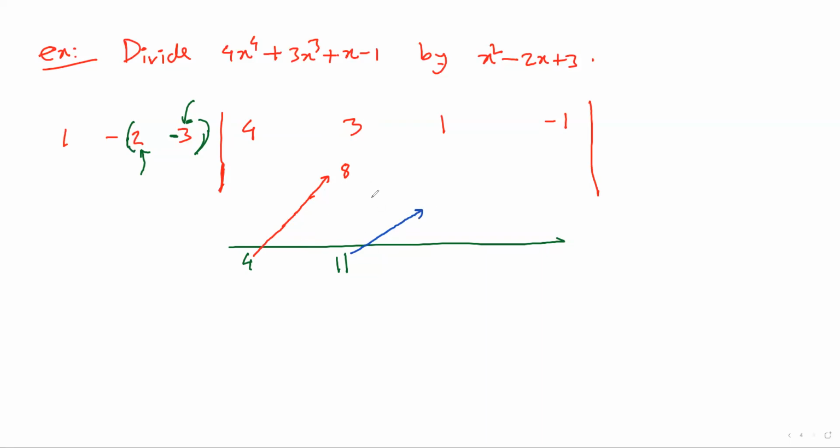So 11 when multiplied by minus 3 produces, give me a moment please. 11 comes here. So let's do it sequentially. So 11 multiplied by 2 is 22.